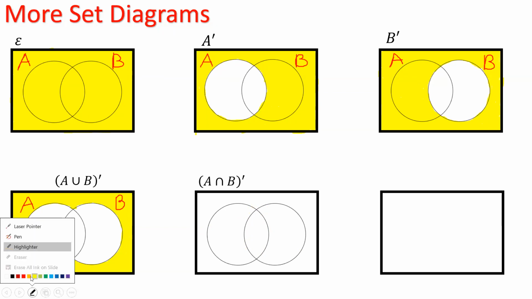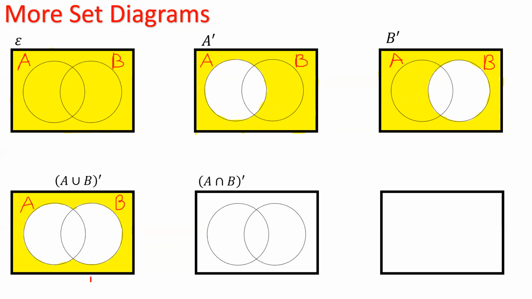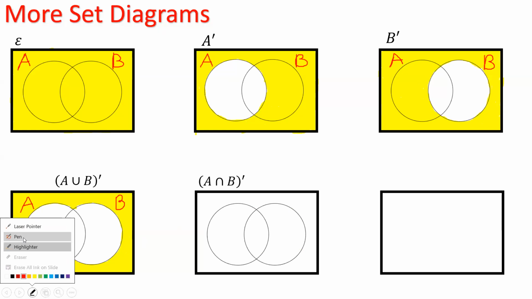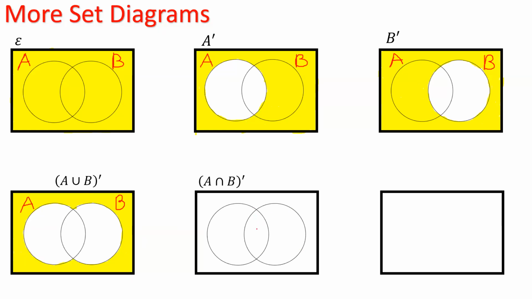Okay. So let's call the sets A and B. Remember, the intersection between A and B is this part right here. But if you want the complement of that, you would include everything except that.